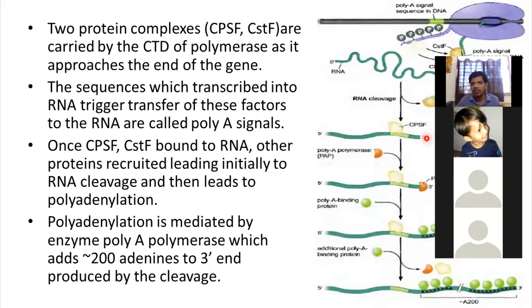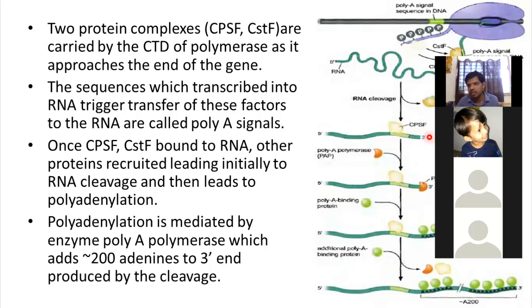Now the 3' end, which is cleaved from this RNA polymerase, may be attacked by nucleases, which may digest this RNA molecule. That's why the other enzyme is there, that is poly A polymerase, which will be recruited over this particular area, and it will add the adenine residues.